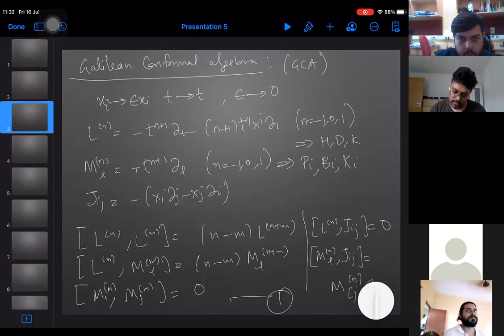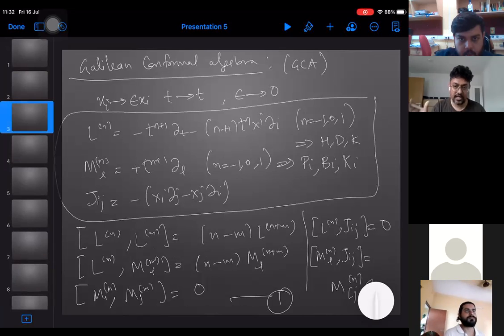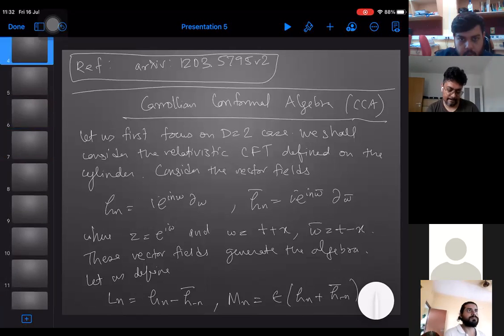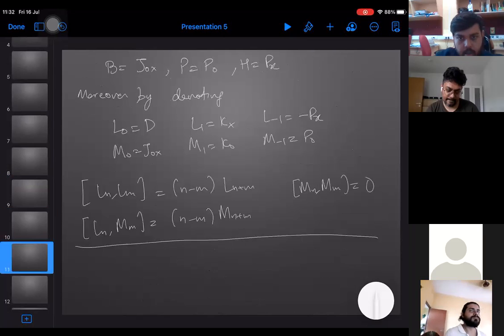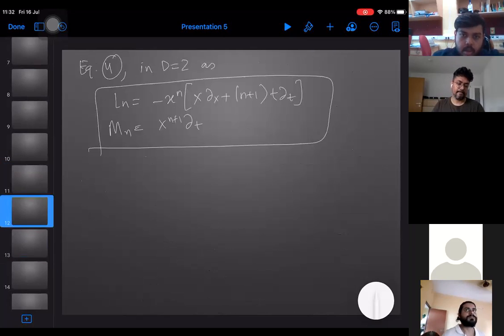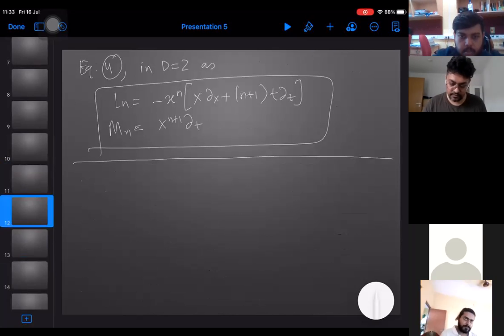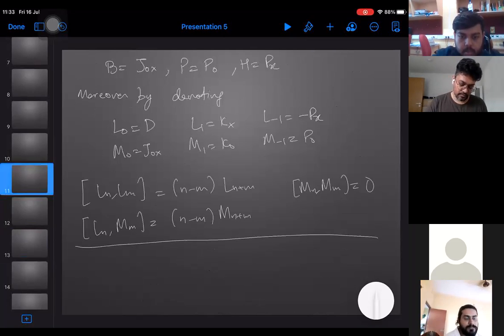Here your t and x have flipped roles. So in the d equal to 2 case, it becomes again an infinite algebra because n is for any integer. So this was the d equal to 2 case, what we have seen till now.